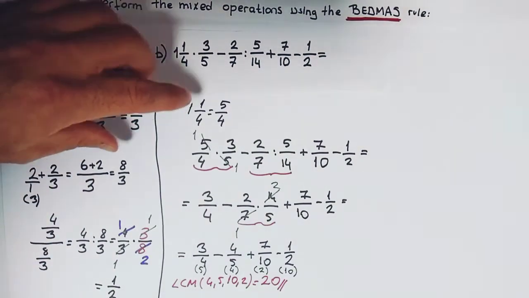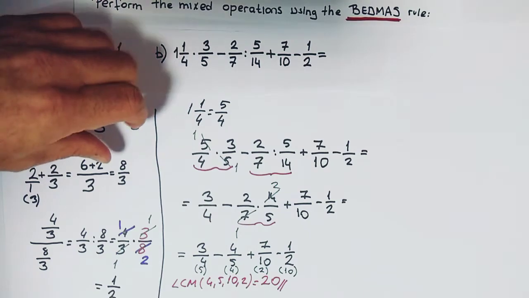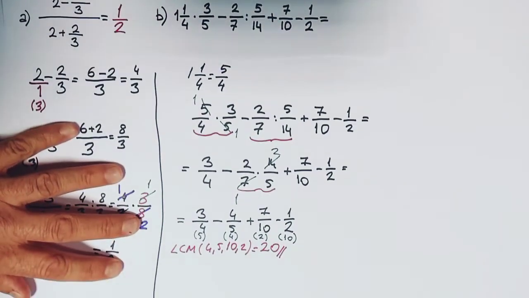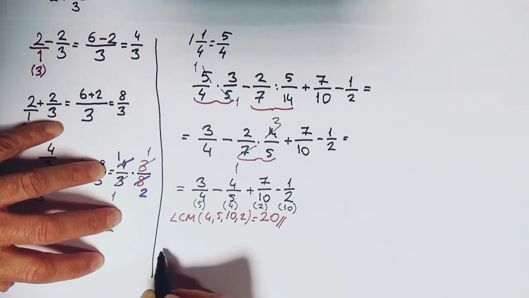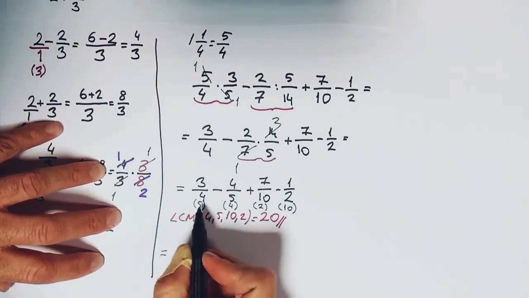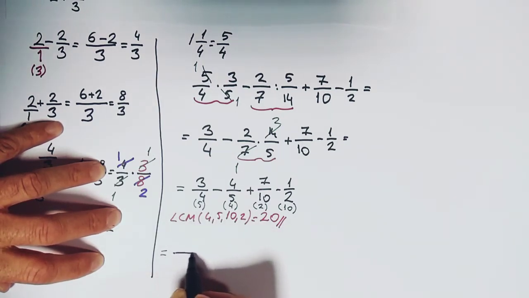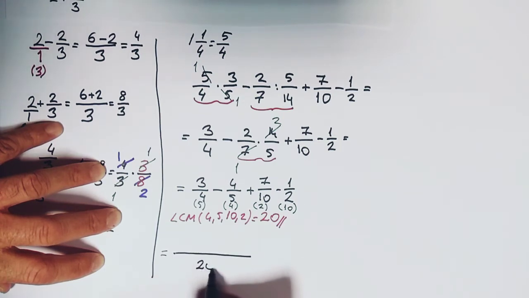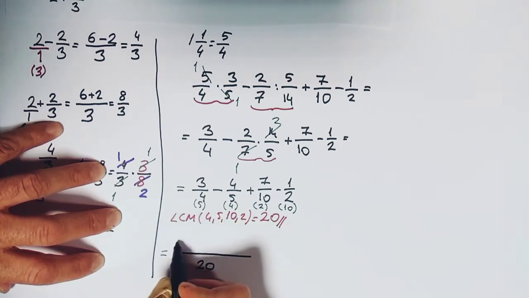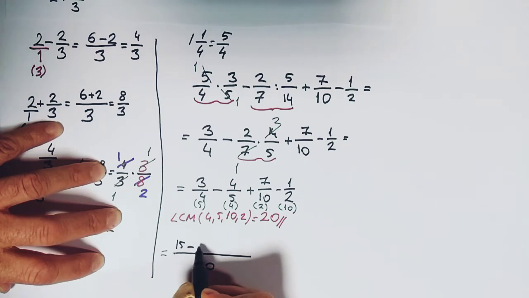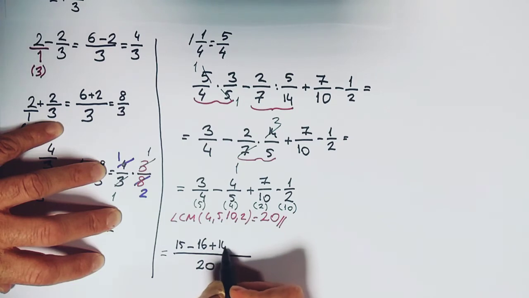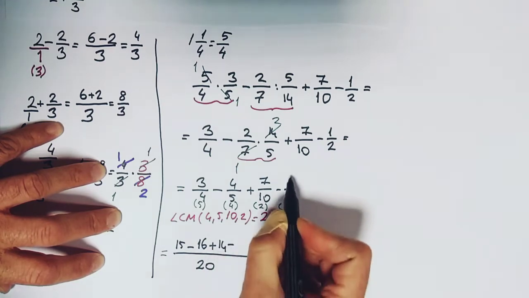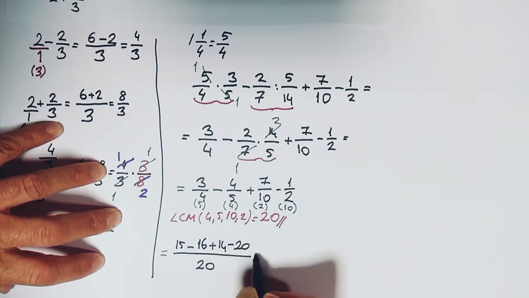If we continue, we will have equal denominator 20. Here it is. And 5 times 3 is 15. Minus 4 times 4 is 16. Plus 2 times 7 is 14. And minus 10 times 1 is 10.